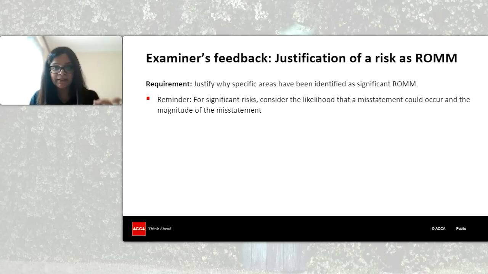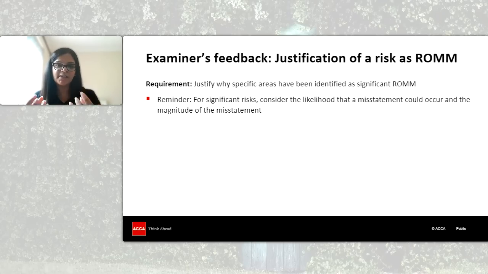The examiner, again, wanted you to remember what the word significant risk actually means. This is a part of your auditing standards as well, but just to quickly recap, in the simplest of terms, this simply means the chances that a misstatement would actually take place and how big that misstatement would be.